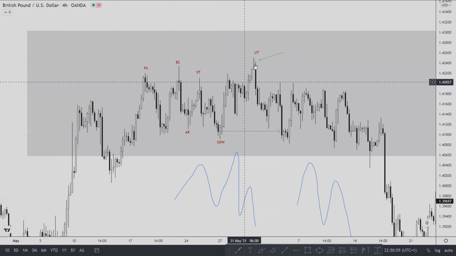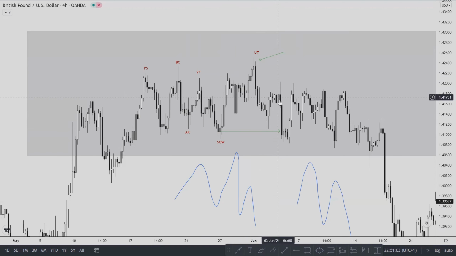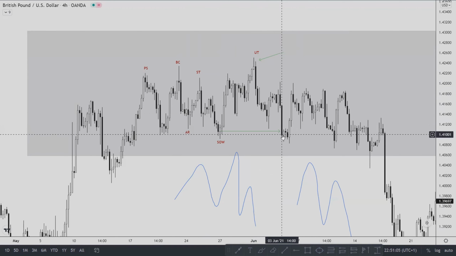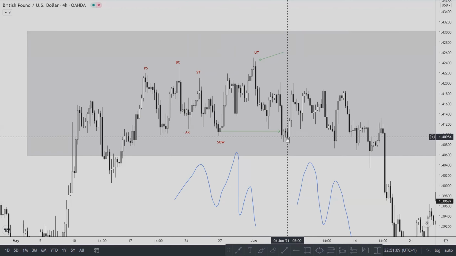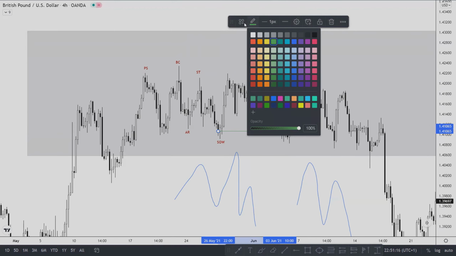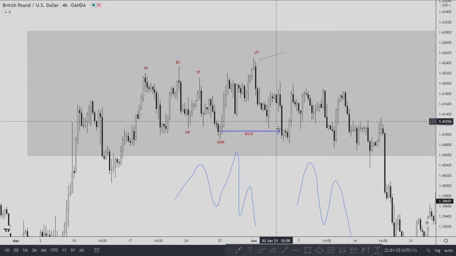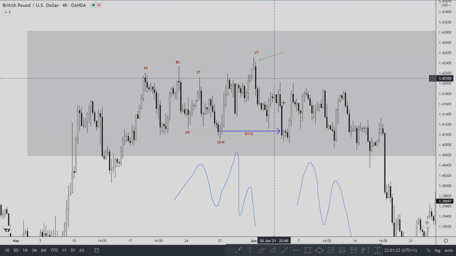This is our low. This is our high. We've come down, closed below that low. So we have one close here, another close below that low, which is right here. I'm gonna put that break of structure to the downside, BOS.